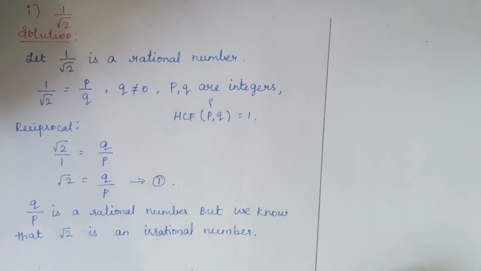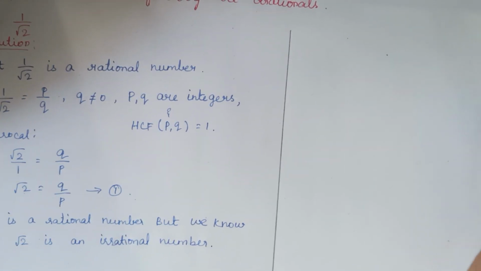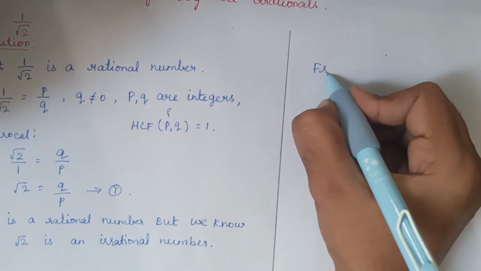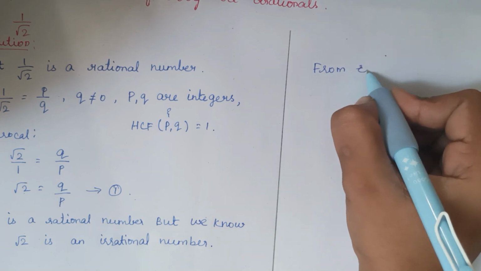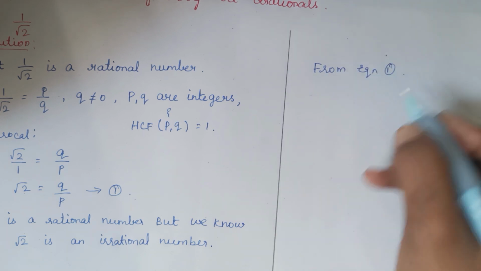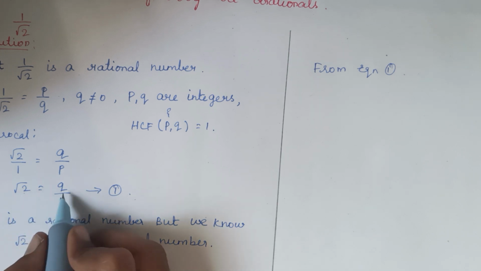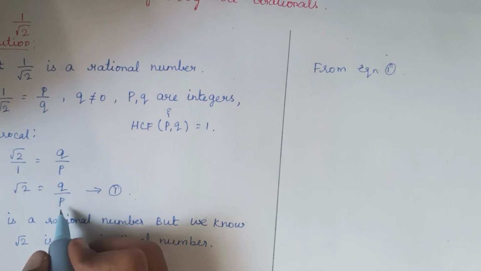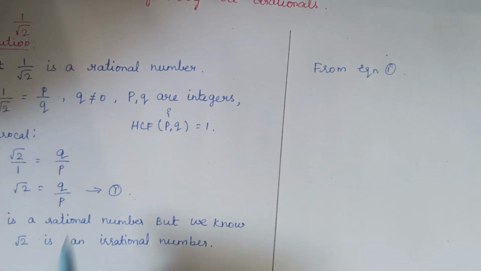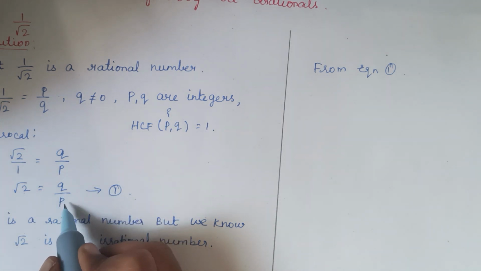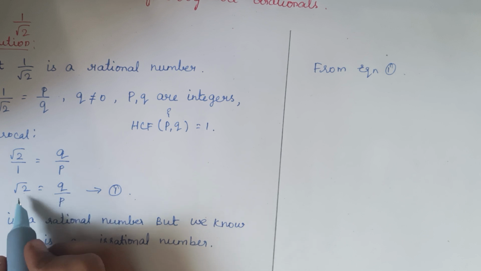Okay, so from equation 1, where is it from equation 1? Here we have mentioned that root 2 is equal to q by p, but it is not equal, because q by p is a rational number, but root 2 is an irrational number.